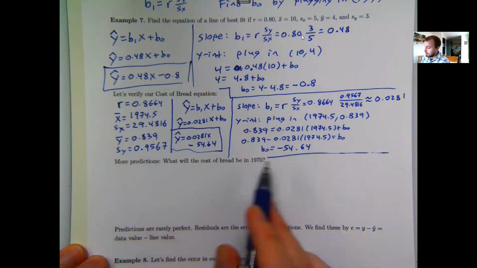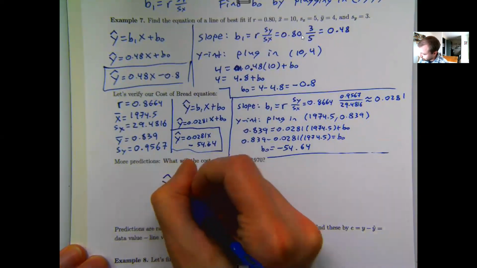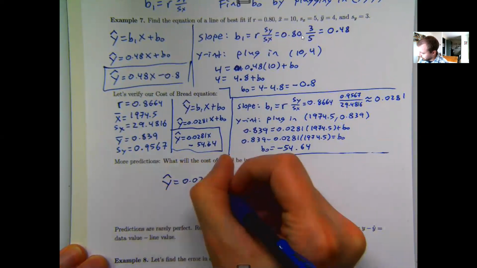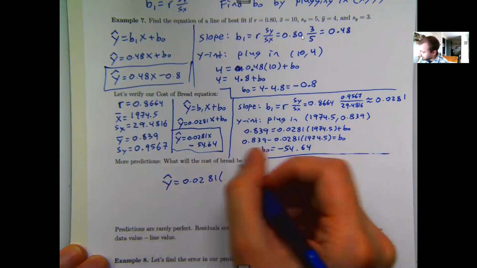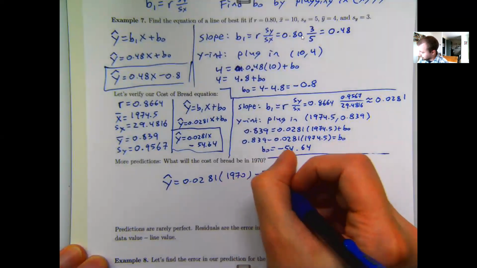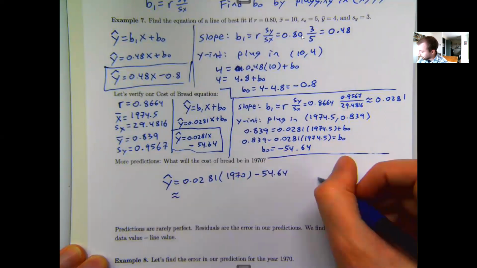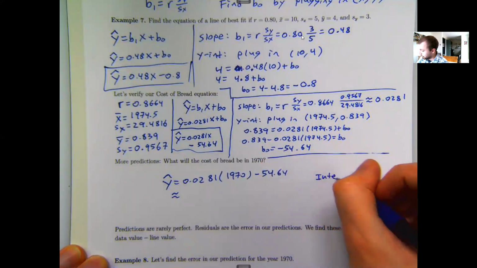Predict the cost of bread in 1970. Okay, let's do another prediction. This 1970, this is a year that is inside of my data set. So this is going to be an example of interpolation.